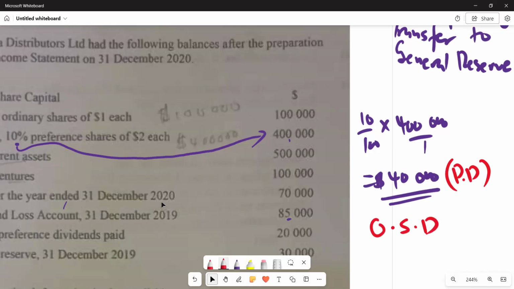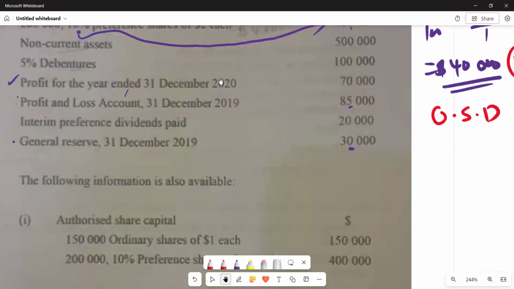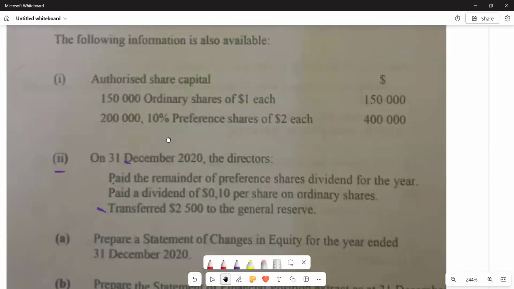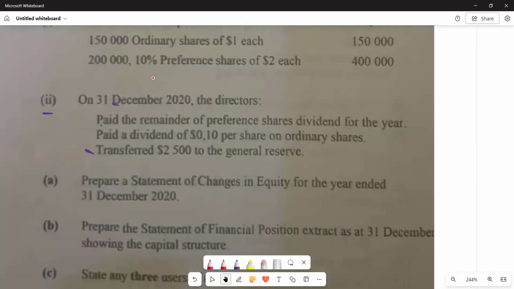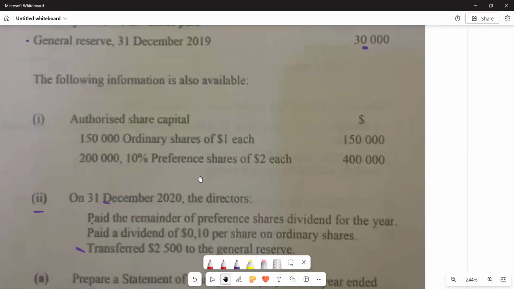On our ordinary share dividends, we go again to our additional information. We've got an instruction in terms of how to calculate it. We are given: pay dividends of 10 cents per share on ordinary shares. So basically, we are saying 10 cents times the number of shares that were issued.